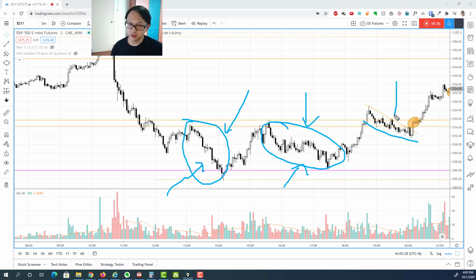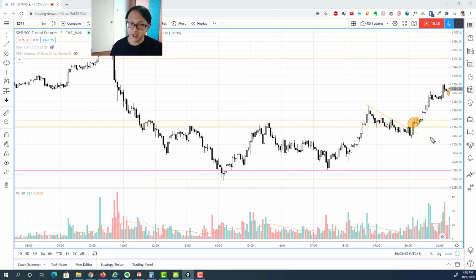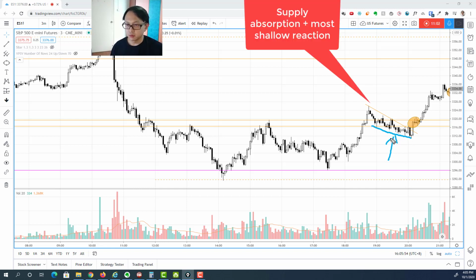So this is the third reaction. You can see that we have relatively small candles in this reaction, unlike what we have seen in these two reactions. So this is a very encouraging sign. Apart from that, this one looks like a supply absorption because it's actually holding up the gain. And this is the most shallow reaction that we have ever seen.